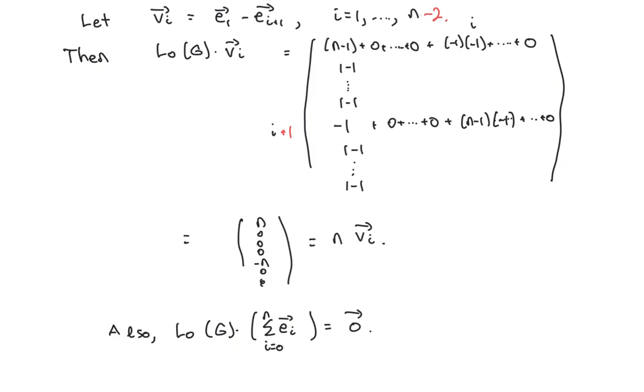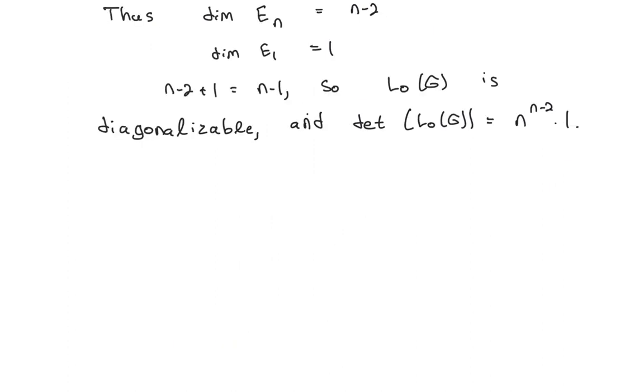On the other hand, if you add up all the standard basis vectors together and multiply them by this matrix, well then what happens is these all become -1s, n minus 1 times, and then 1 n minus 1. And so all the entries become 0. And so in particular, you see that the dimension of the eigenspace for eigenvalue n is at least n minus 2.